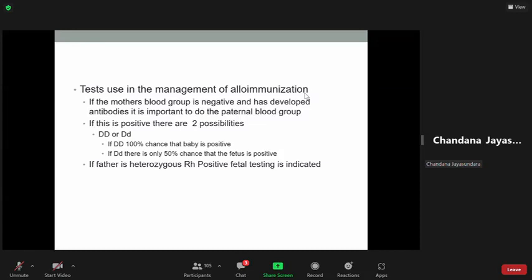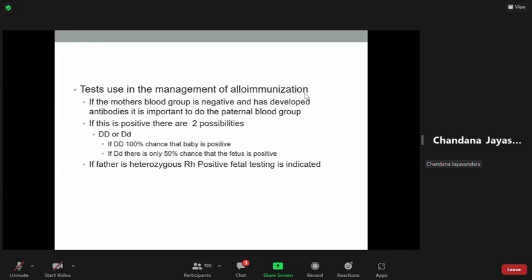If the father is Rh positive, then the father has two possibilities. The father can be either capital D, small d, or capital D, capital D. If the father is capital D, capital D, the baby has a 100% chance of becoming Rh positive.